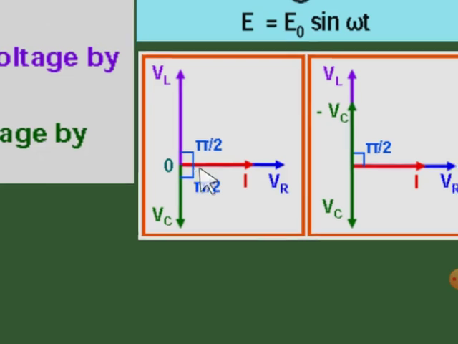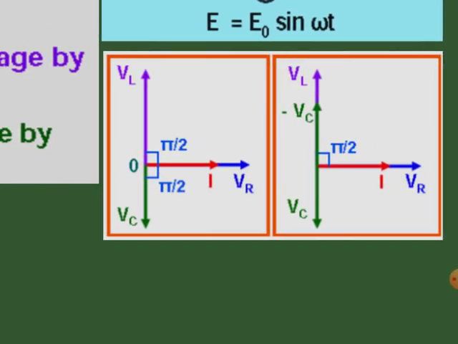So what happens when we make a series circuit of these three components? VL and VC are opposite to each other. Let's take VC along this positive side, with VL greater than VC.